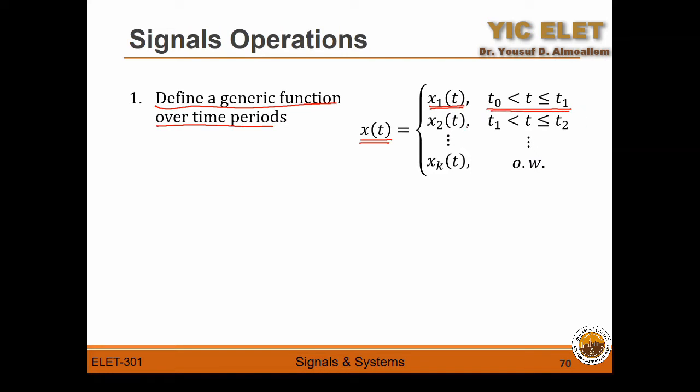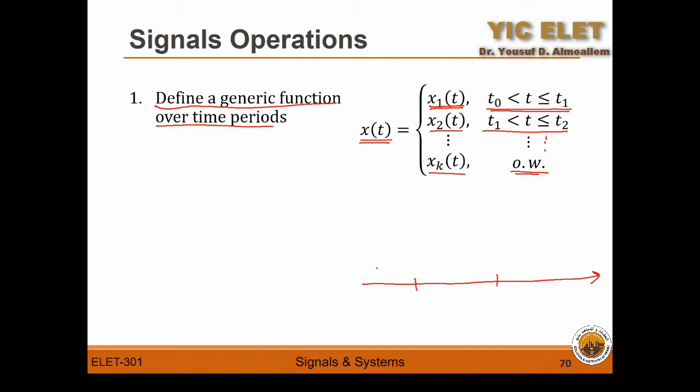And then repeat this for the second period of time, all the way until we cover every single period over the time. So this is the horizontal time axis, and then we will define the function based on these periods.